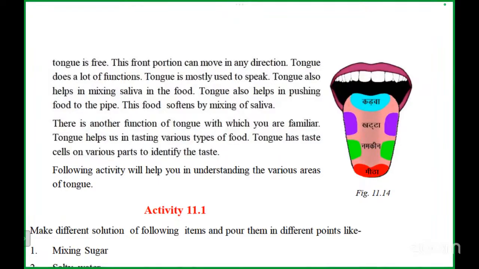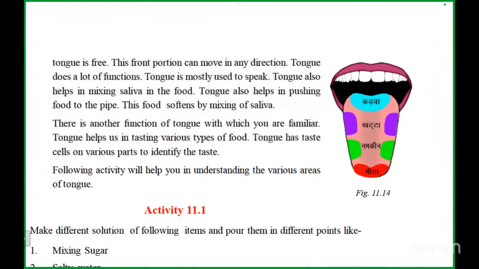Various taste buds are present on our tongue, which allow us to taste the food. At the tip of the tongue, you have the sweet taste buds. Then a little bit above, on both sides, you have the salty taste buds.